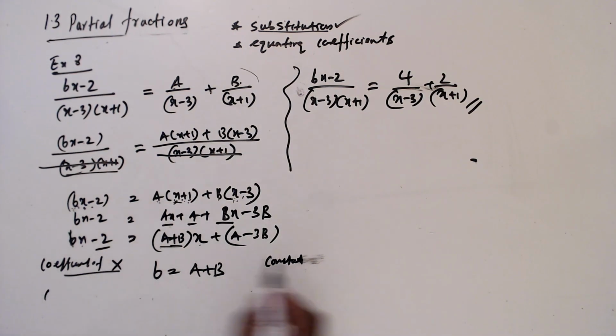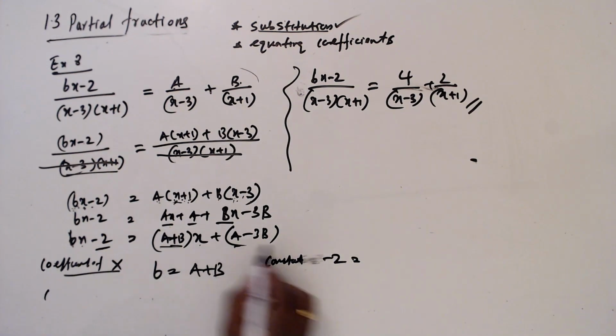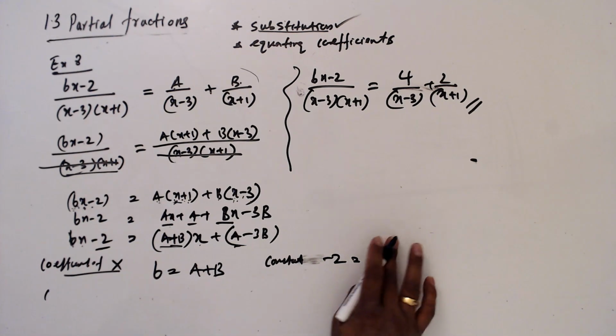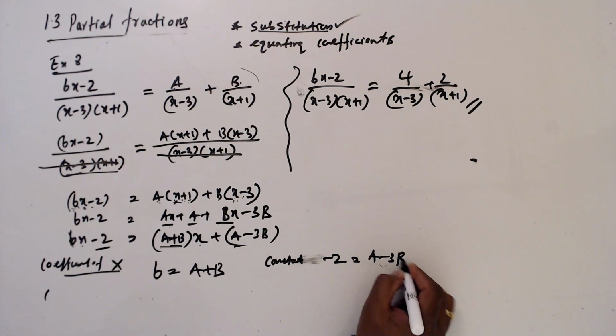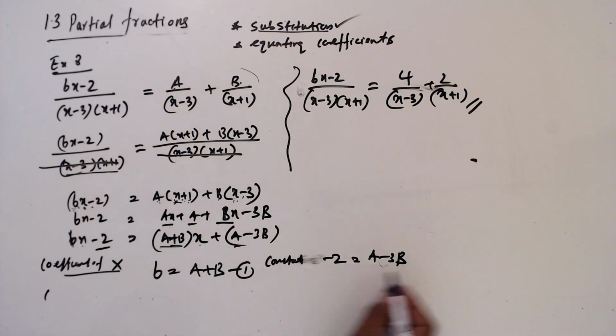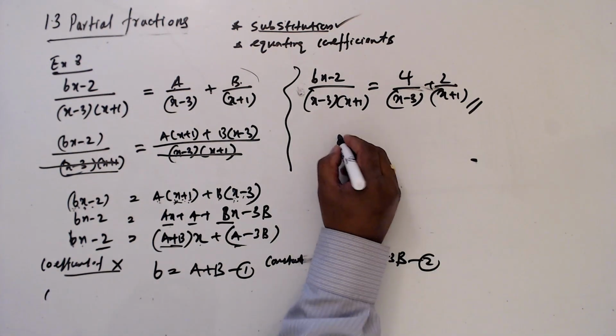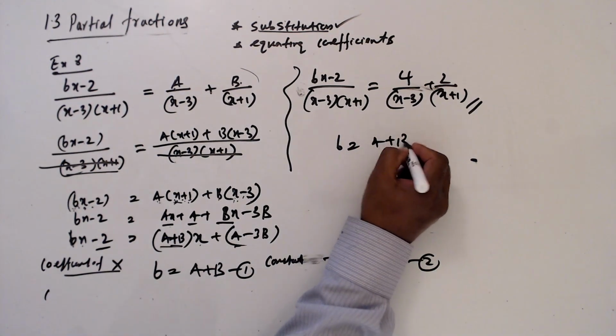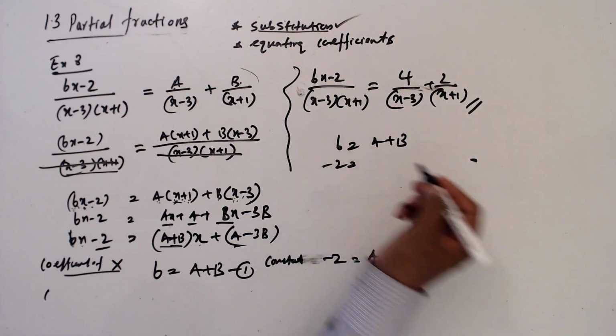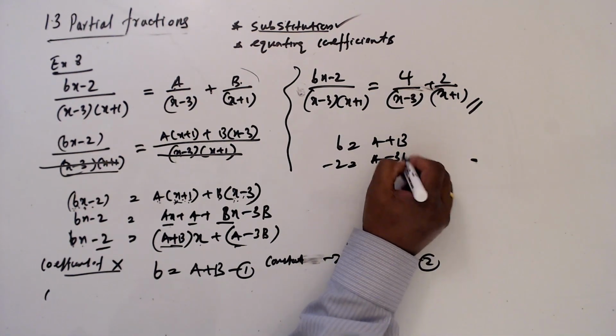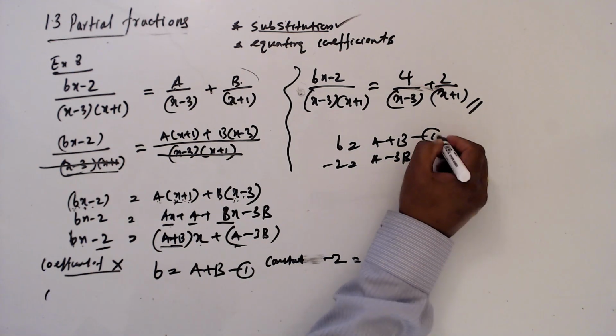Here the constant is minus 2. What is here? a minus 3b. So this is 1 and this is 2. So 6 equals a plus b and minus 2 equals a minus 3b.